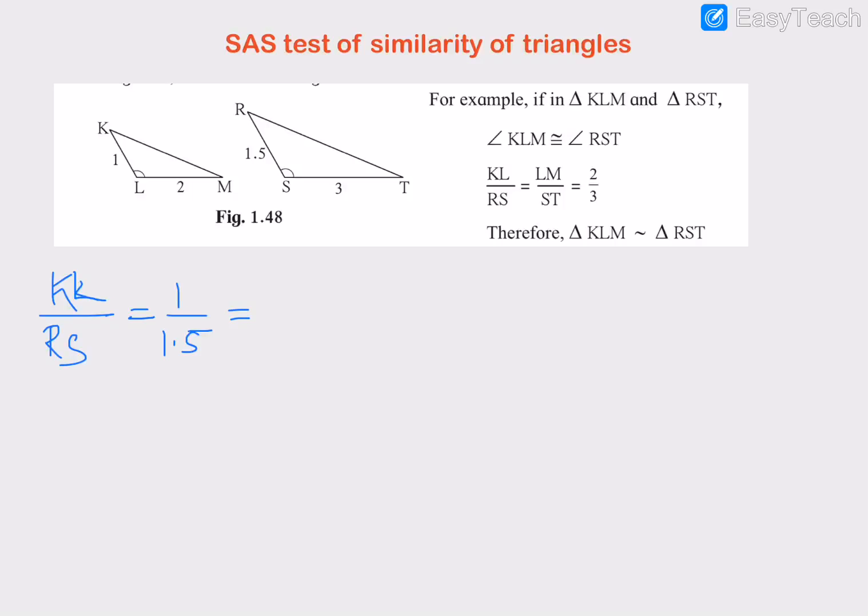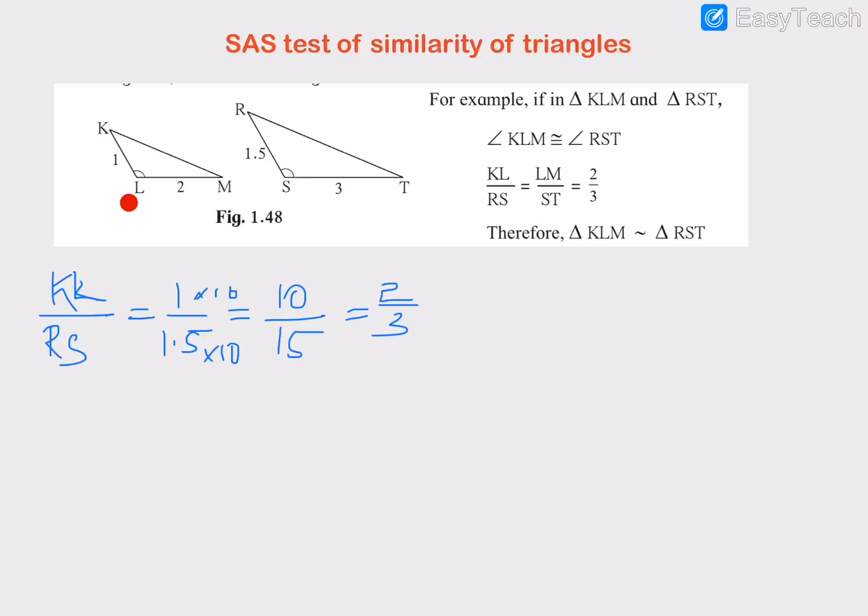So we can multiply by 10 since there is a decimal point in the denominator. So it will be 10 by 15. So we will get 10 by 15, that is 2 by 3. So KL by RS is 2 by 3.